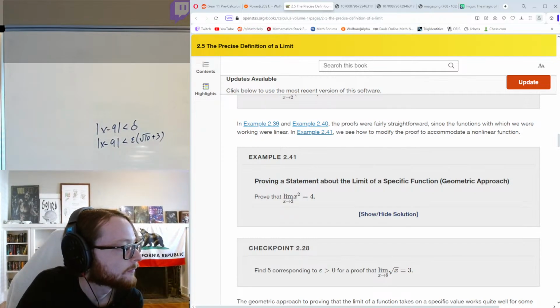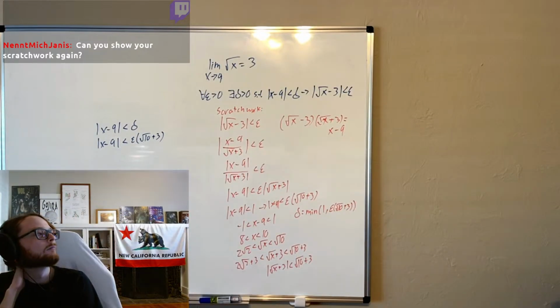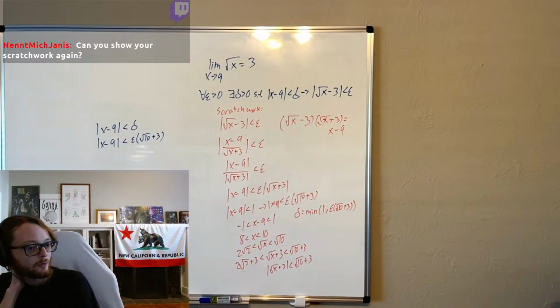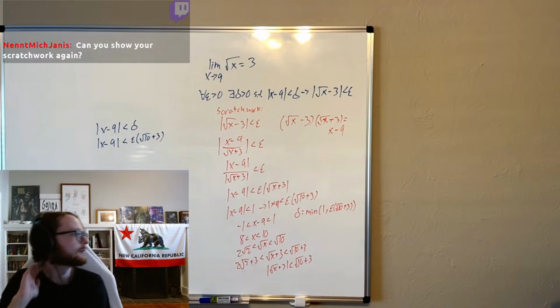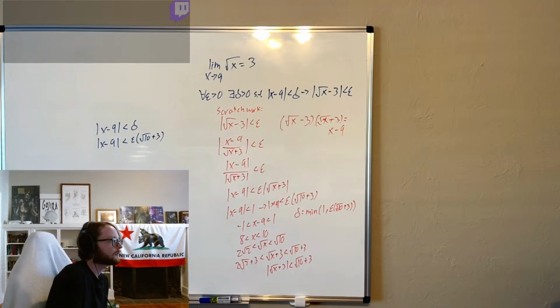Yeah, sure, Yanis. So issues like in the scratch work, we want to bound it from above, but then when it comes time for the actual proof, it seems like we want to bound from below. And it should be the same bound in both directions, shouldn't it?